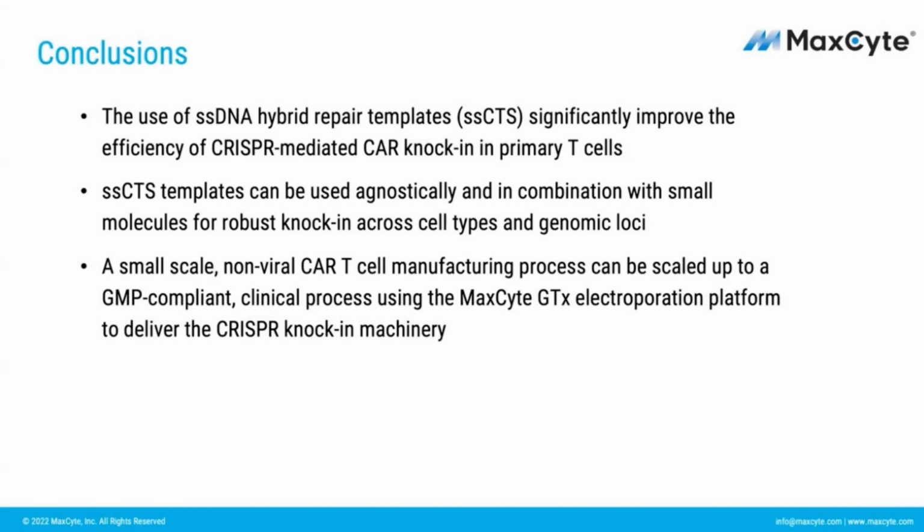So that's the main difference between the single-stranded alone and the single-stranded with the CTS template. Now, when we're talking about double-stranded DNA, the difference is mostly due to the reduced toxicity that you see with a single-stranded element as opposed to double-stranded DNA. So there are two different things combining together that increase the efficiency of the single-stranded CTS template.